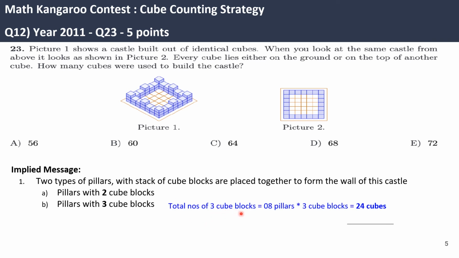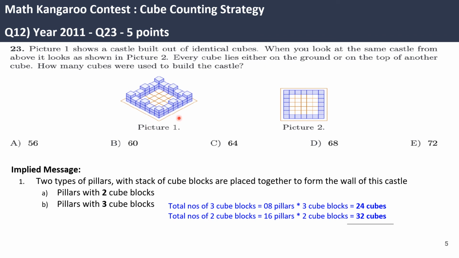If I see the 3 cube blocks and count the number of pillars, I get that there are 8 pillars and each pillar has 3 cubes.